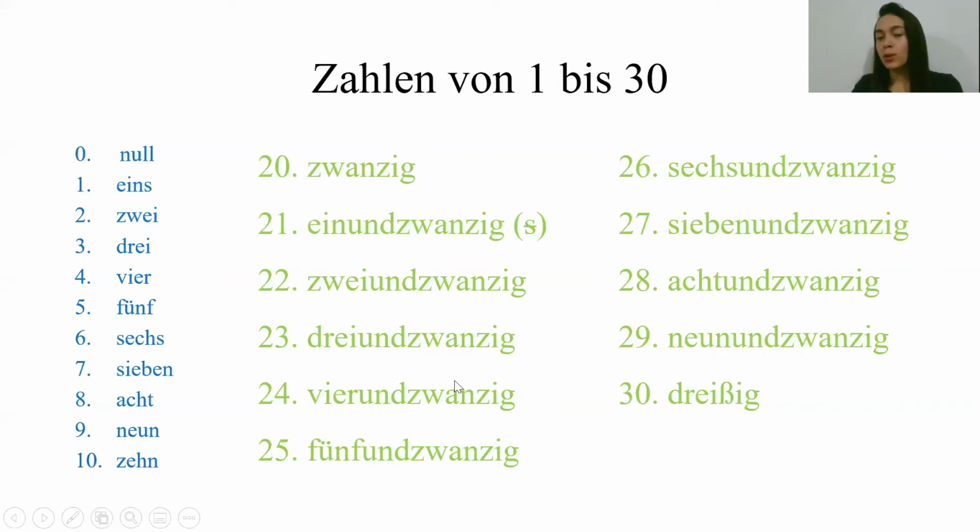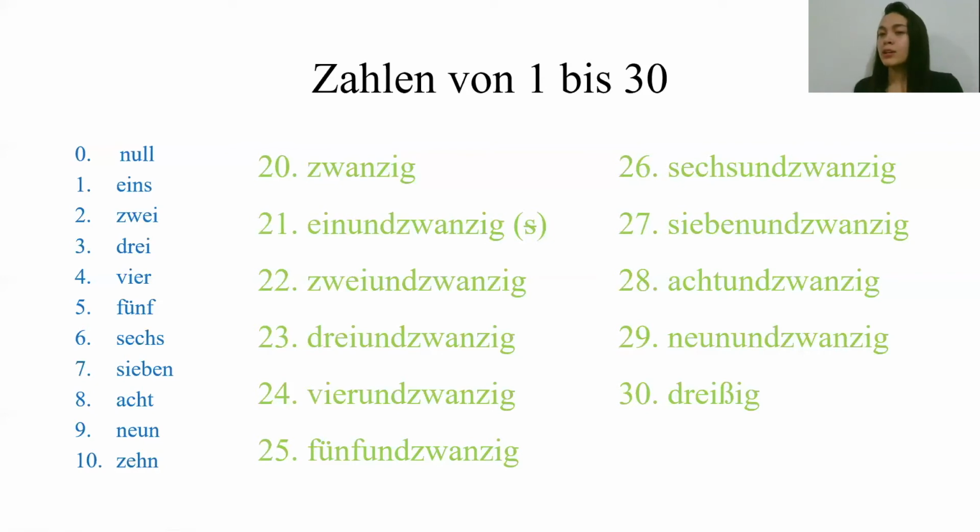Instead of 24, we say 4 and 20. 5 und 20. 6 und 20. 7 und 20. 8 und 20. 9 und 20. And then 30.